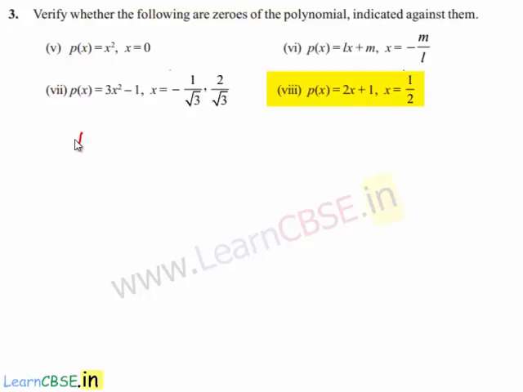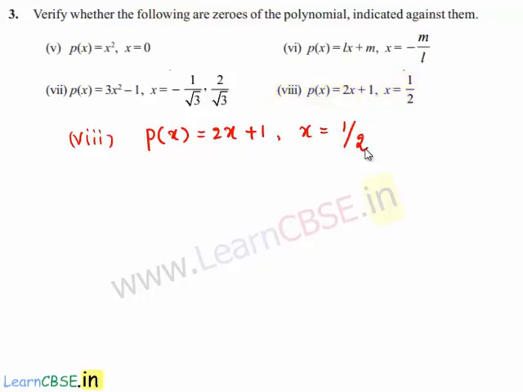Coming to the 8th bit, which is P of x is equal to 2x plus 1, given that x is equal to 1 by 2. So let us substitute x is equal to 1 by 2 in the given polynomial, which becomes P of 1 by 2 is equal to 2 times of 1 by 2 plus 1. 2 and 2 gets cancelled and we get 1 plus 1, which is 2.